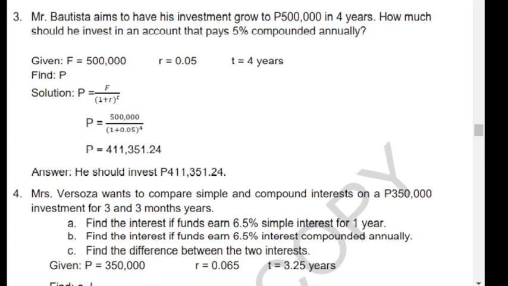So the given 500,000 would be the final amount, because he wants his investment to grow to 500,000. So meaning your future amount is 500,000. Then your time is 4 years. Then 5% will be your rate, which is similar to 0.05.